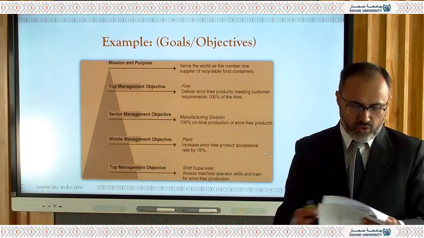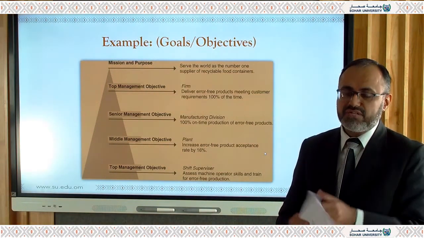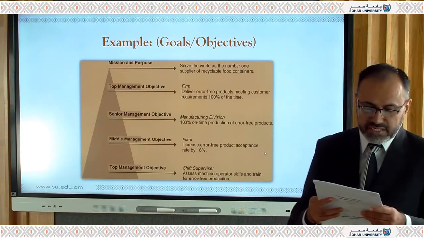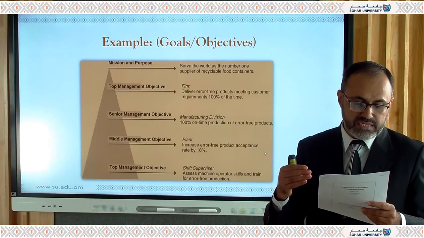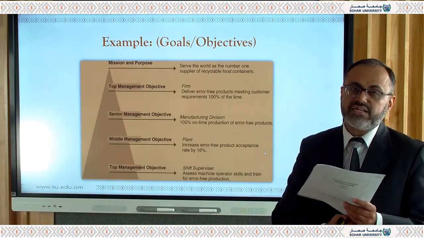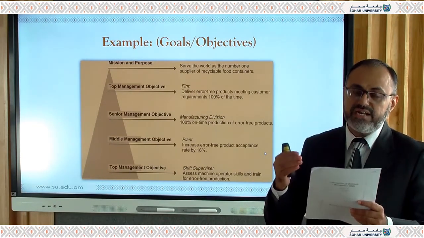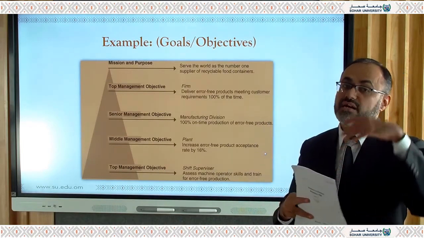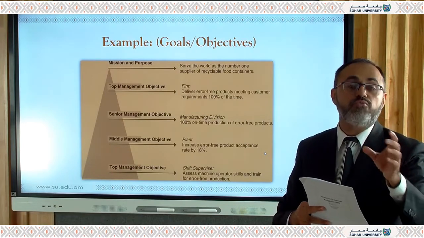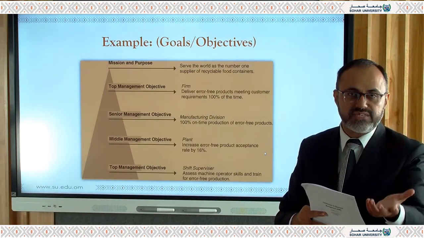There are many types of goals. If you see this example, the mission and purpose, top management objectives, senior management objectives, and middle management objectives are different. Their goals are quite different, but they create synergy to achieve one larger organizational goal. That could be your profit, or to have a successful organization.